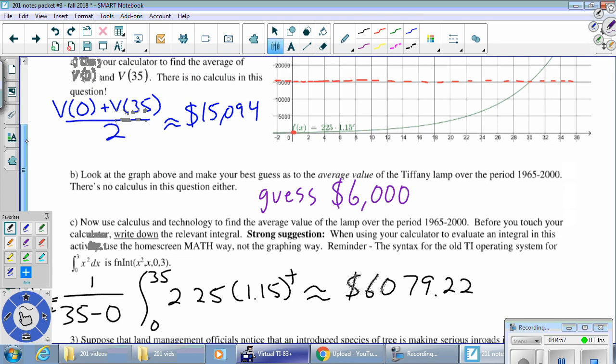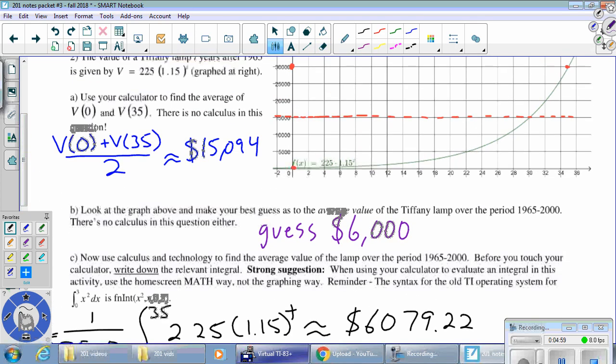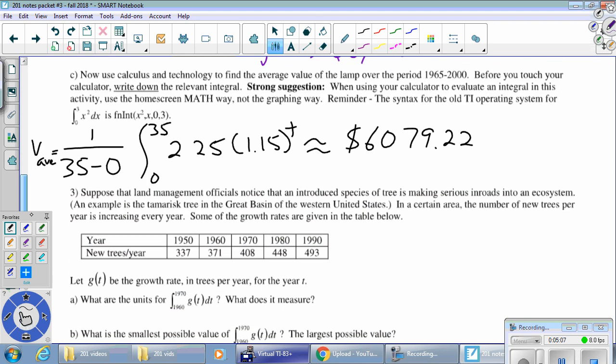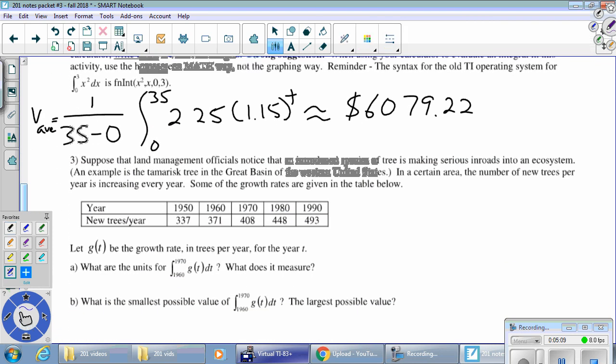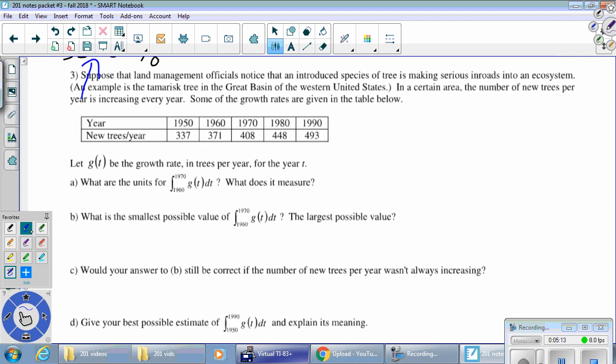It's perfectly reasonable. It's definitely less than 15,000, just looking at how long it took to get to that 15,000 halfway point. Okay, a common wrong answer for average value questions is to just do the integral and forget to do the 1 over b minus a. Okay, next part, pause and read the question if you haven't done so.